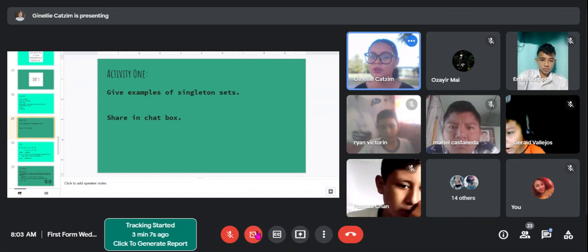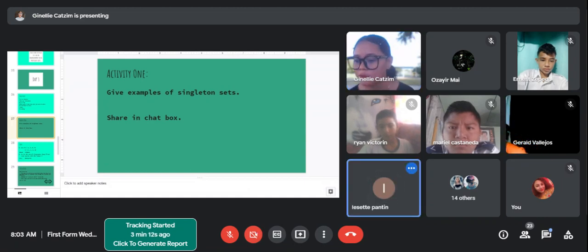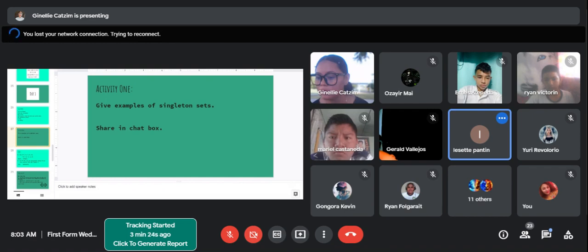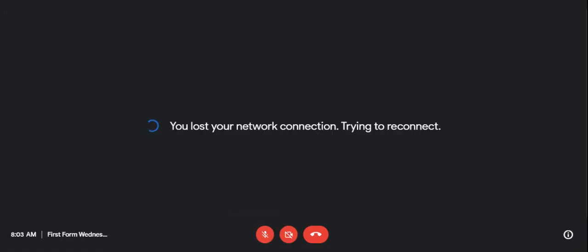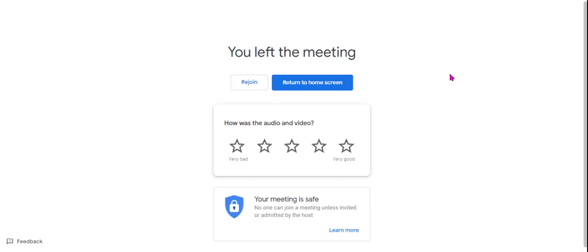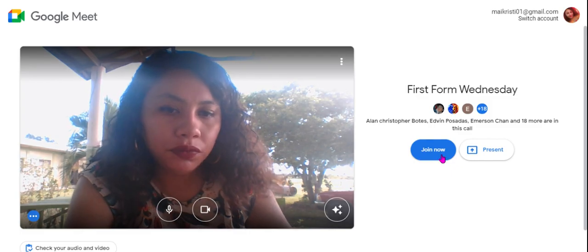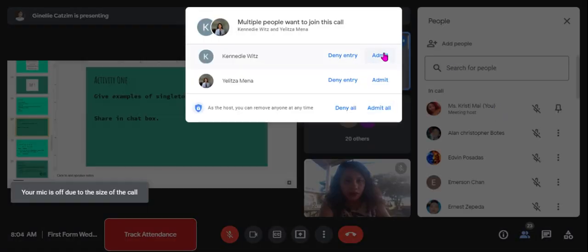Another example could be, Miss, the set of teeth. But apart from that, I gave you the example from the nail polish, right?